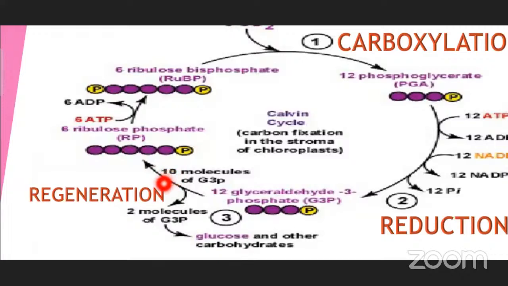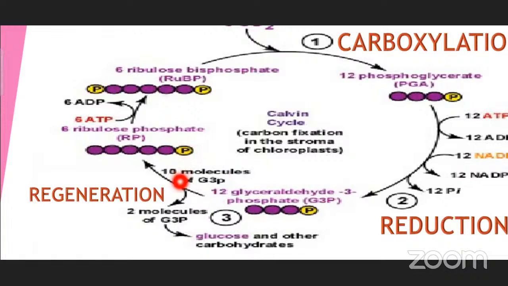That means 10 times 3 is 30 carbons are there. 30 carbons, if it is forming a molecule having 5 carbon, means how many? 6. 6 ribulose phosphate will form. 6 fives are 30. So the possibility from 10 molecules of G3P is 6 molecules of ribulose phosphate, each comprising 5 carbon and a single phosphate.